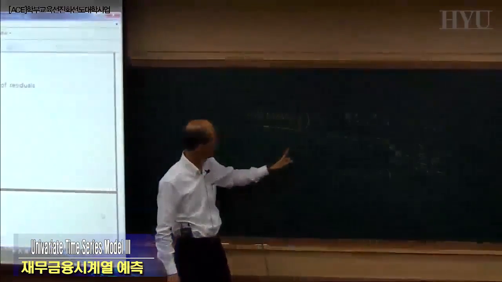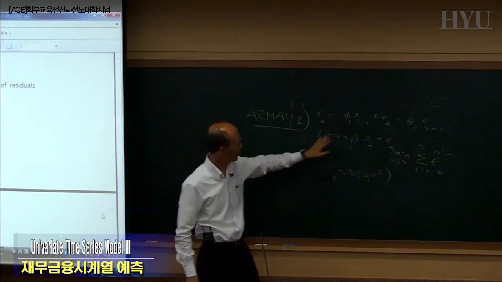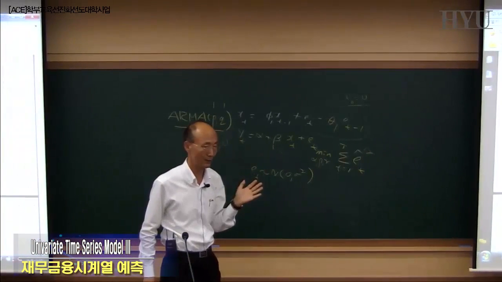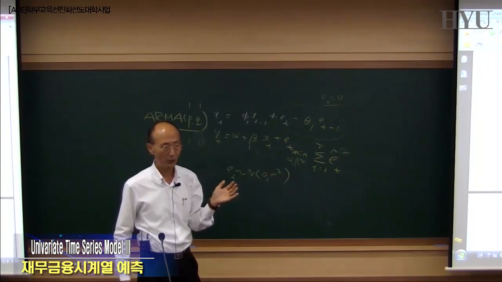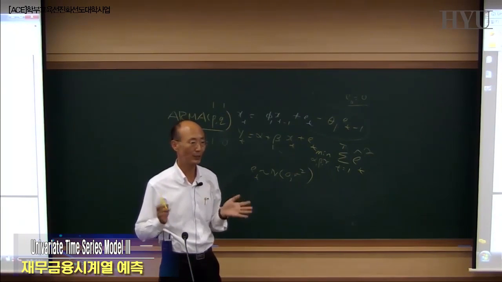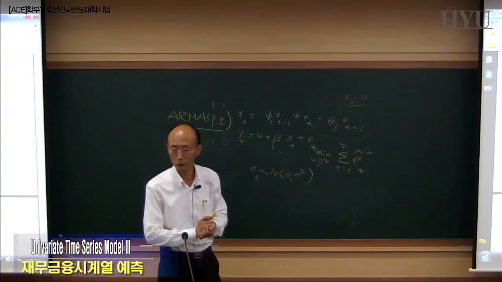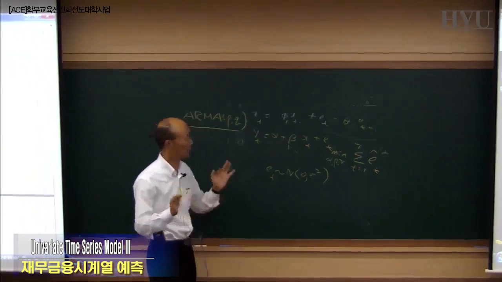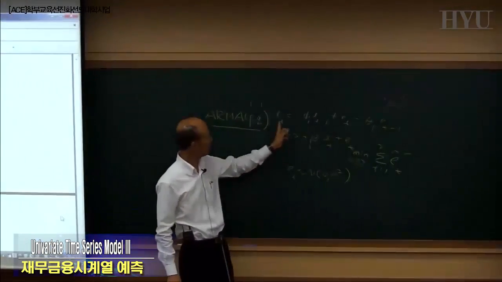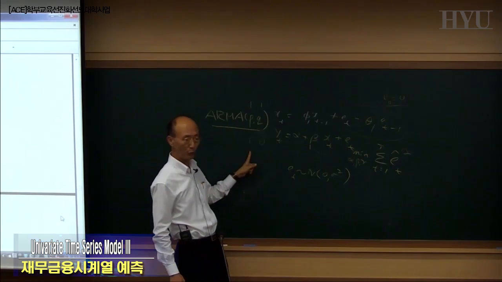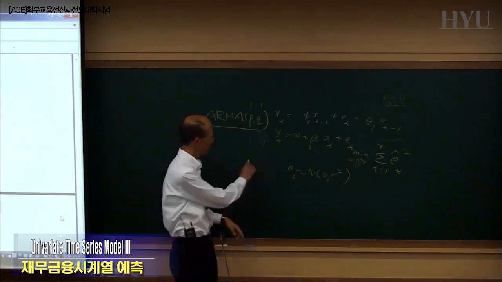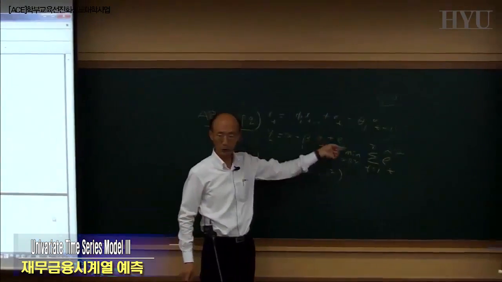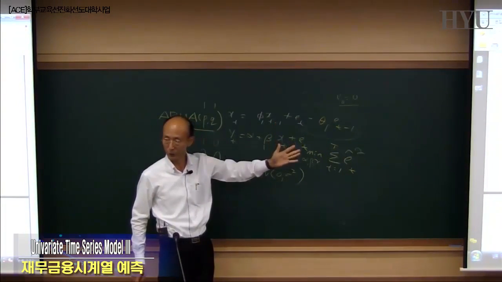Okay? So if you tried this, then probably you will see serial correlation, and we talked about Q statistics last time, right? So if you find serial correlation, then you can decide, well, there is something more to be modeled, to be included in your model. Okay? So your next move could be, why not try P equals to 2 and this one is 0. And then get the residual and see if there is any serial correlation using Q statistics.